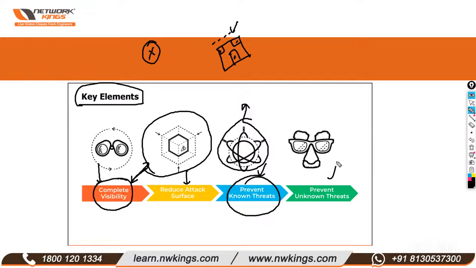I don't understand the Japanese language, so I say I don't know, I will reject it, I will ignore it, even if it is good. Same way, if Palo Alto does not understand that application or the traffic, it simply prevents it because it has no idea about it. It says unknown traffic, let's reject or block it. So this is the key element Palo Alto Networks follows.